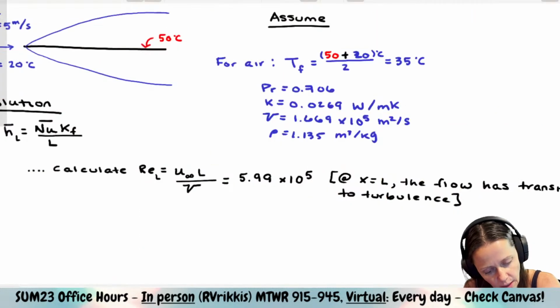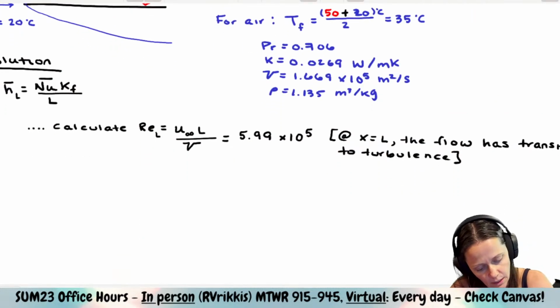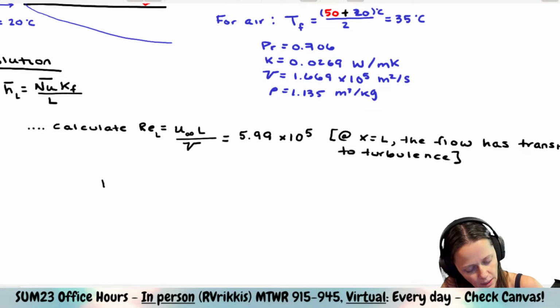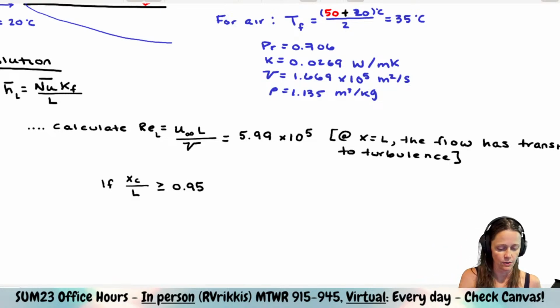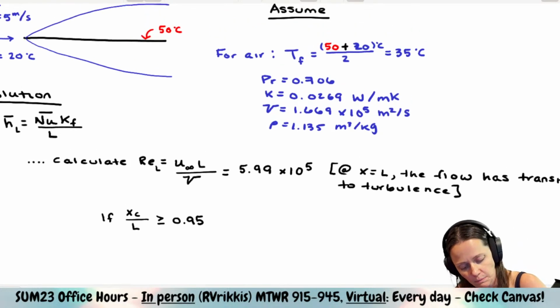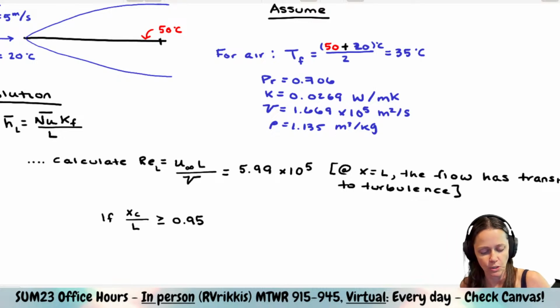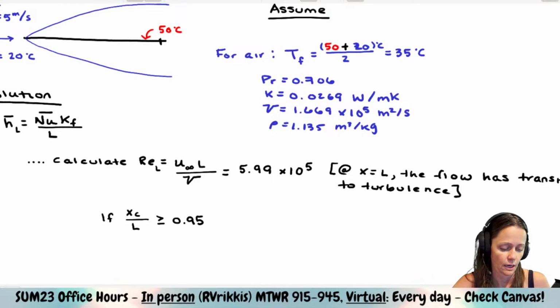So if this ratio is greater than or equal to 0.95, basically what we're saying is that your transition to turbulence occurs really close to x equals L, so it's mostly laminar, so you could approximate it as laminar.